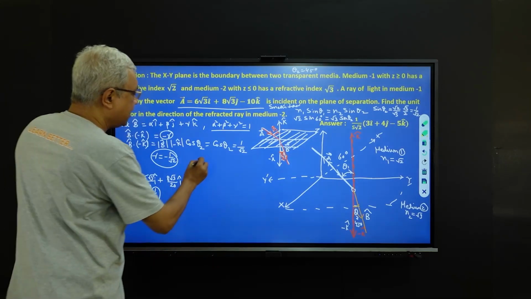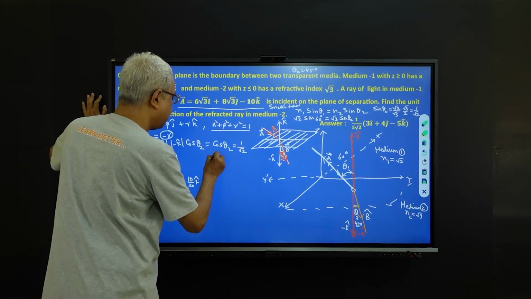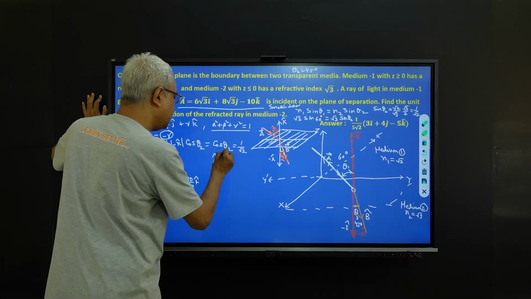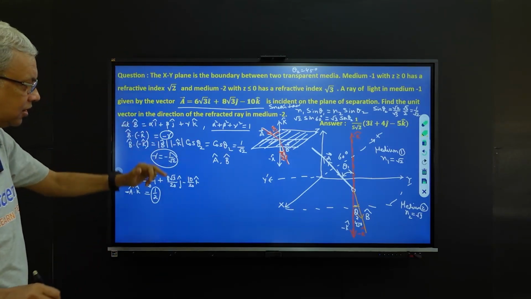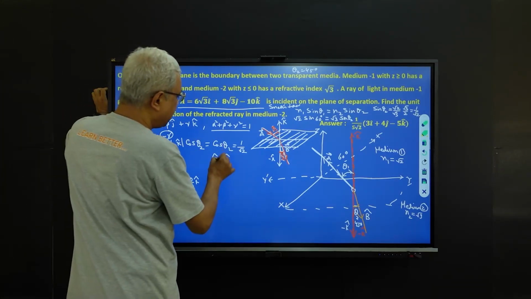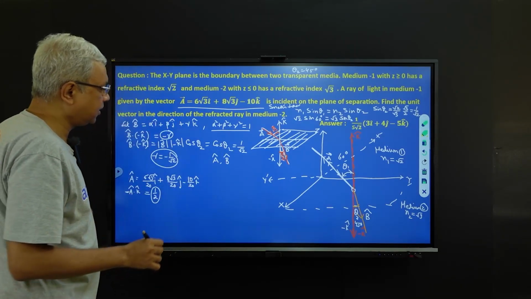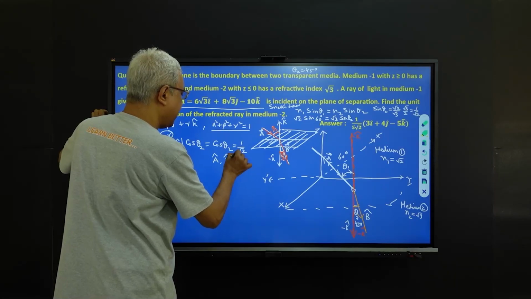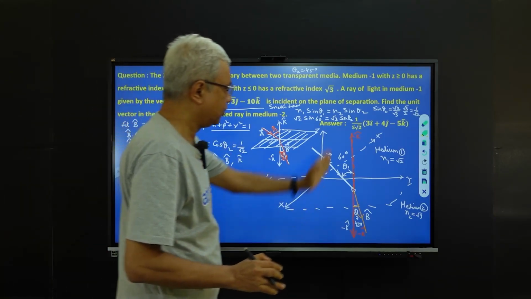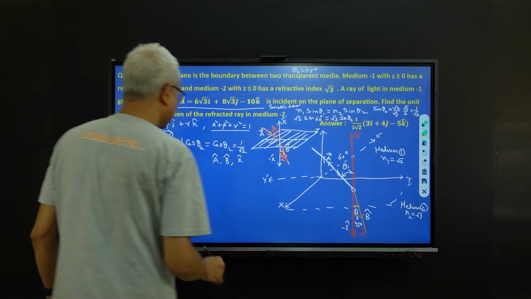That means a cap is the unit vector along the incident ray, b cap is the unit vector along the refracted ray, and k cap is the normal at the point of incidence.